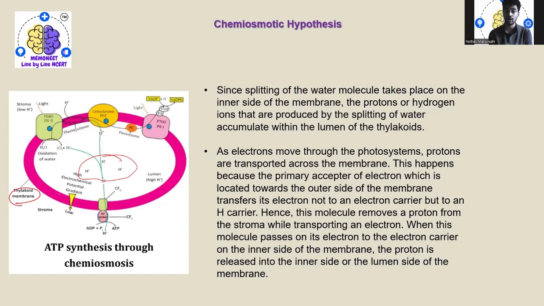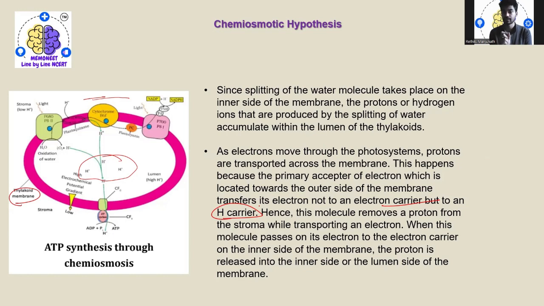This happens because the primary acceptor of the electron, which is located towards the outside of the membrane, transfers its electron not to an electron carrier but to an H carrier. Hence, this molecule removes a proton from the stroma while transporting an electron.